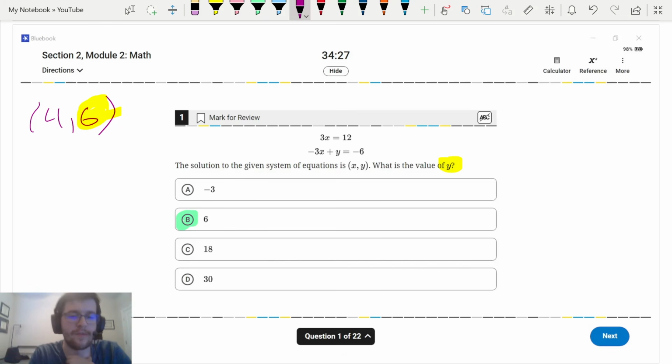Okay, if you were going to solve this one by hand, I don't know, there's a couple ways to do this. See how there's a 3x here and a 3x here? You could replace that.